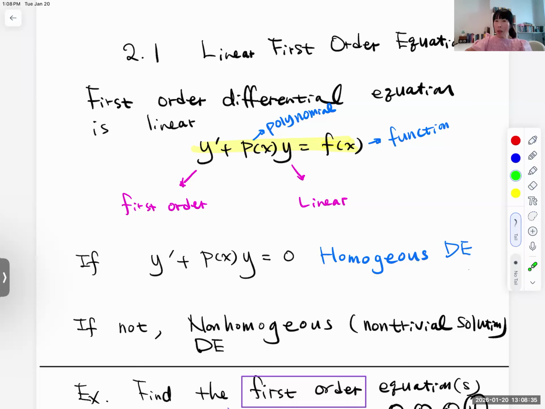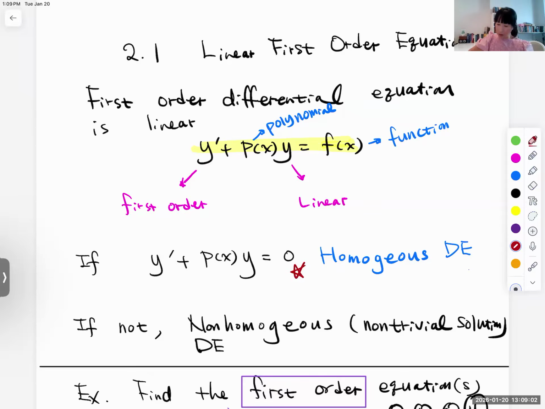We learned the terminology homogeneous equation in the linear algebra course. That means the other side has zero. That is a homogeneous equation.